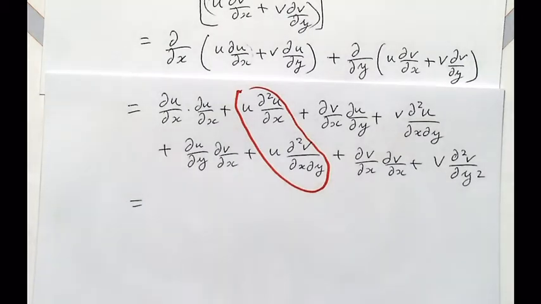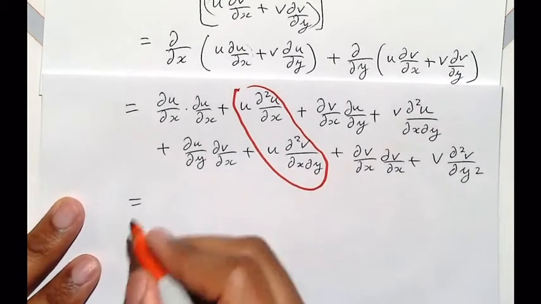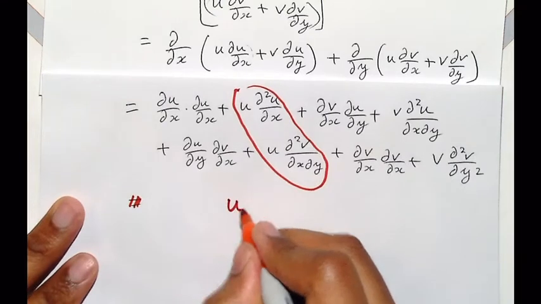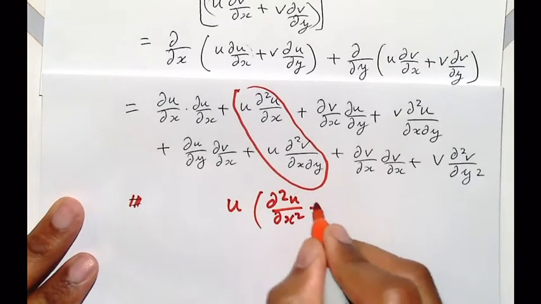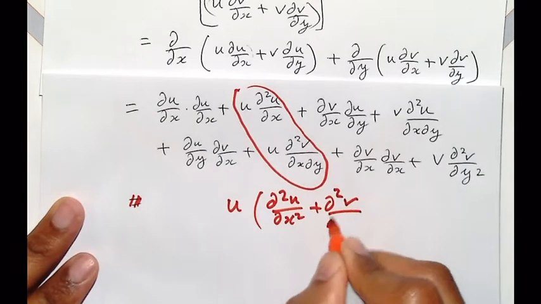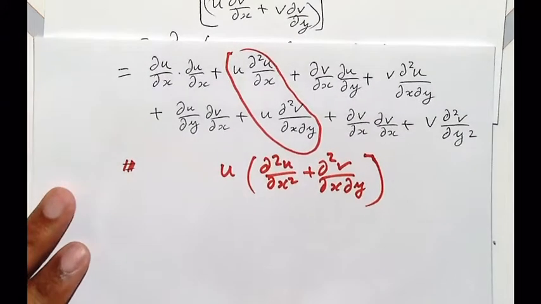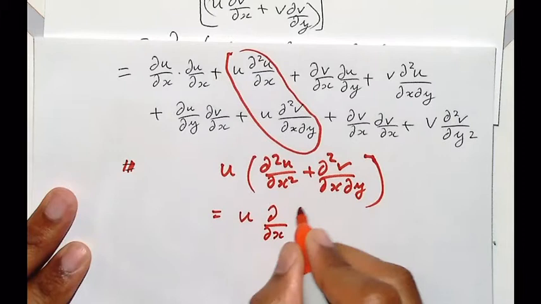Somebody said 0. It's 0. Exactly. Again, we have a hidden continuity inside. If we write this out as u del squared u over del x squared plus del squared v over del x del y, and if we keep going, this becomes u del over del x.